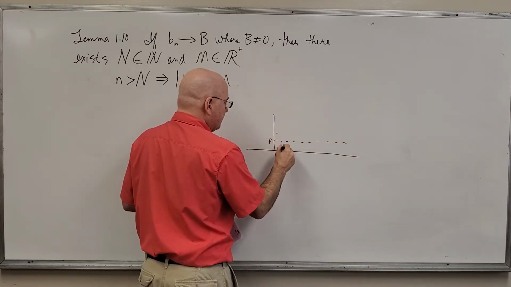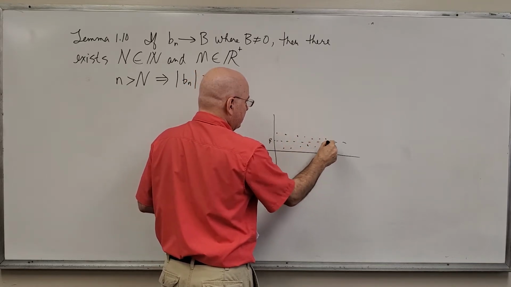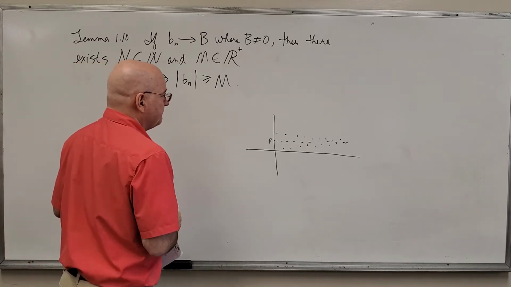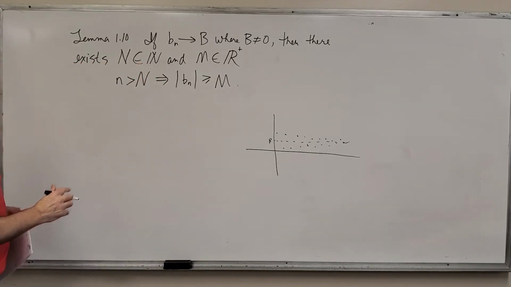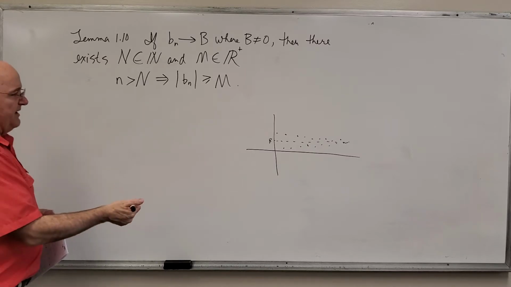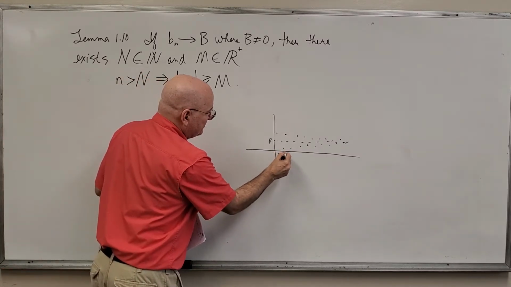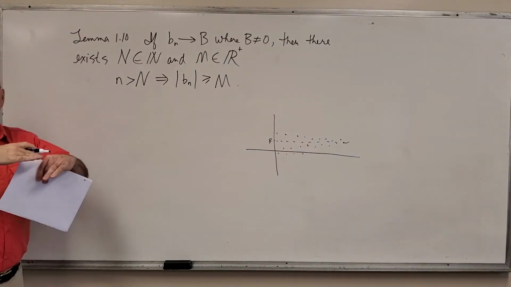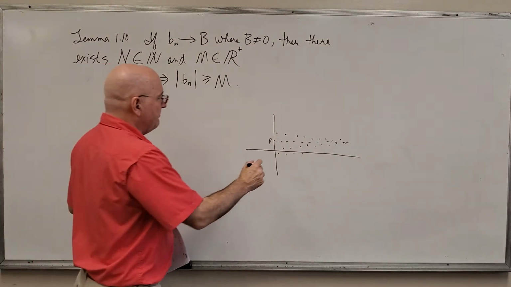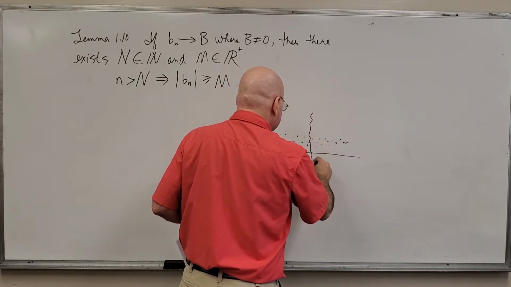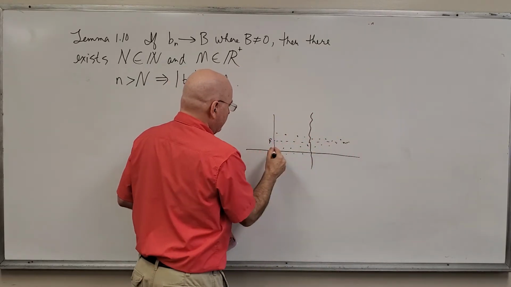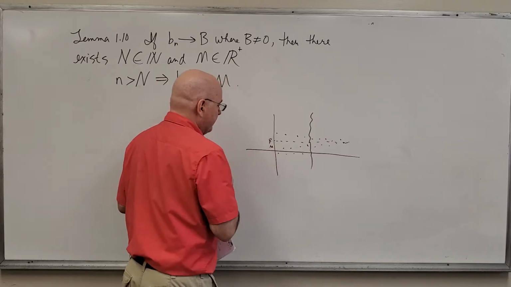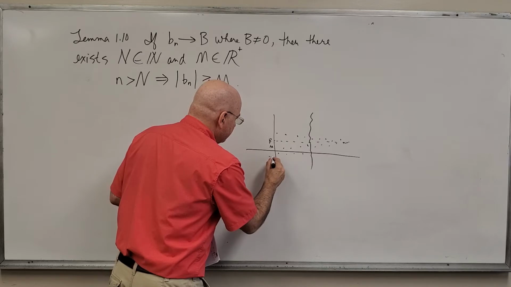So the sequence eventually gets very, very close to that line B, to the horizontal line B. Well, what this says is at some point, now maybe I should have put some down below, some negative numbers down there. We're trying to bound all the elements away from 0. At some point, and you can see where that point is, from there forward, there is an m, which I will call this number m, which means this would be negative m.